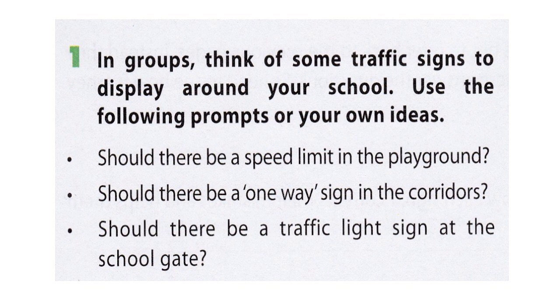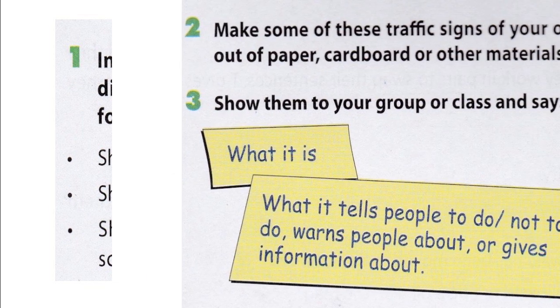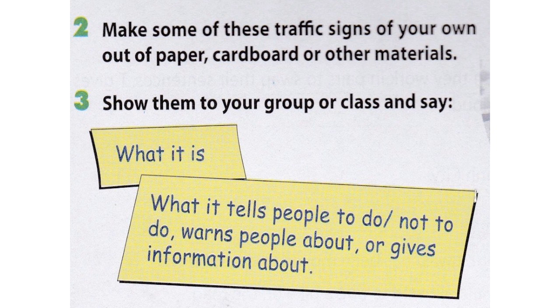Should there be a speed limit in the playground? Should there be one-way signs in the corridor? Or should there be traffic light signs at the school gate? Those are the questions you have to ask yourself before doing this project. 2.